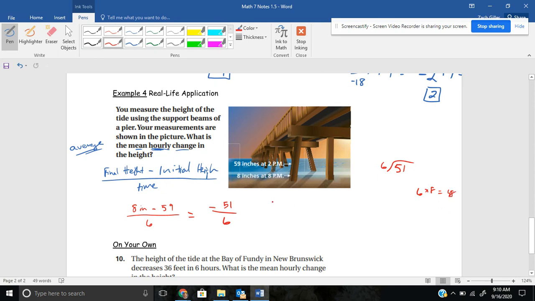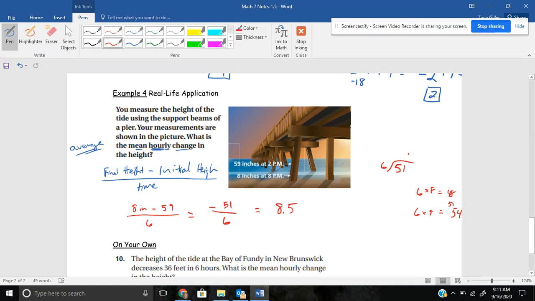Okay, so that would give me 8 whole times. Sorry, I had a brain fart there. And then 48, and then let's see, 6 times 9 is 54. And 51 is halfway between 48 and 54, so it's 8.5.